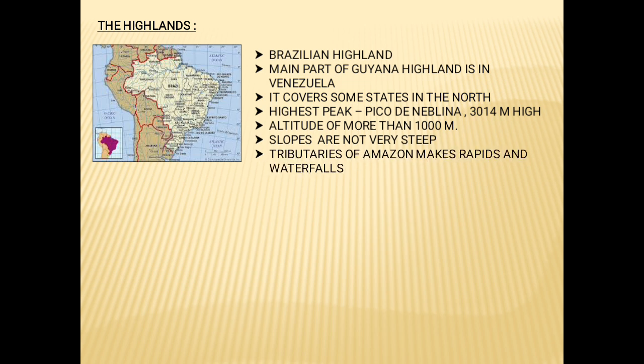The tributaries of the Amazon flowing through this region make rapids and waterfalls. Towards the north, the slopes are steep but not abrupt. Abrupt means sudden. A number of rivers take off from the terminal portion of the highlands and flow northwards to meet the Atlantic Ocean.